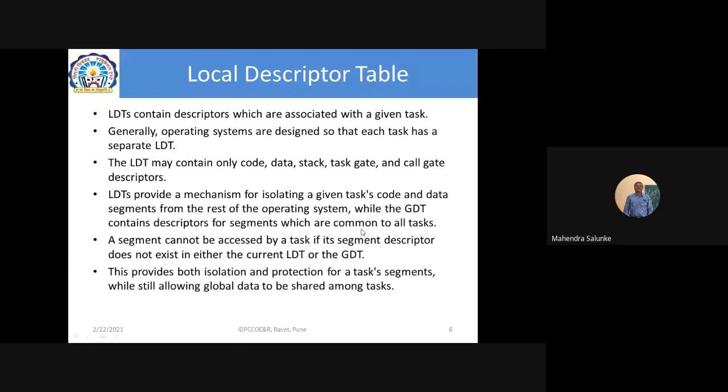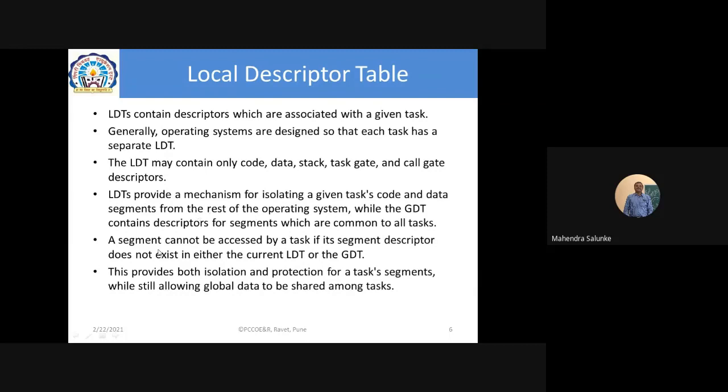So what is the requirement in our system? We will create such descriptors which are common to all tasks in the GDT. But if local descriptors or segments are to be created for a given task, then those will be created in the LDT, so that these descriptors will not be accessible to other tasks.